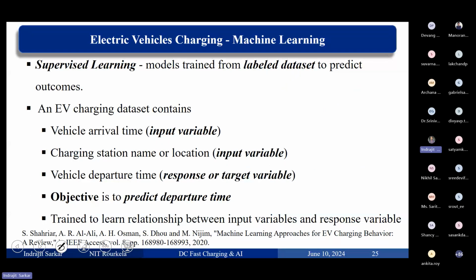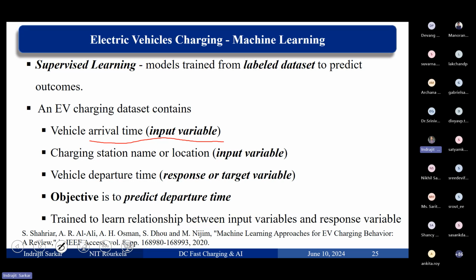In supervised learning, the model is trained from a labeled data set to predict outcomes. When you implement this for EV charging, the data set might contain arrival time, which is an input variable.